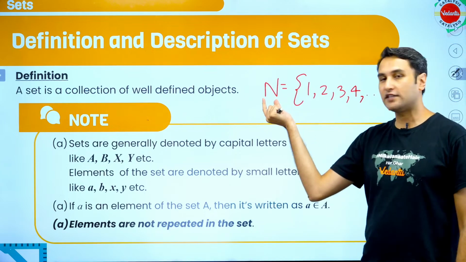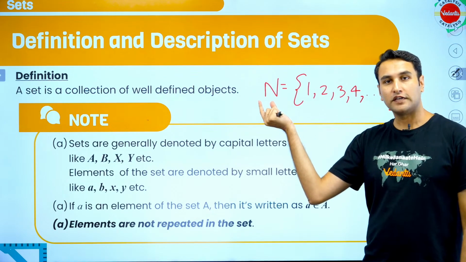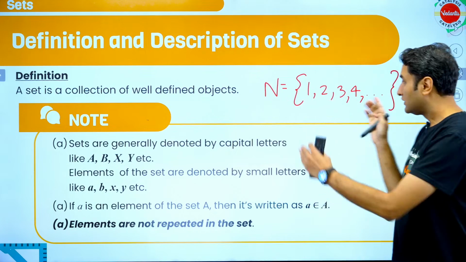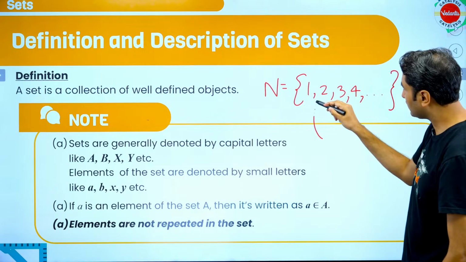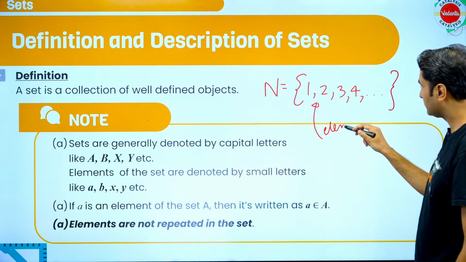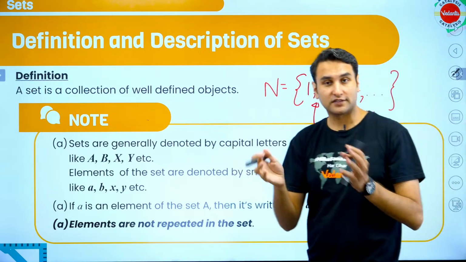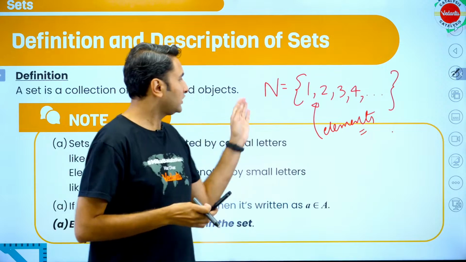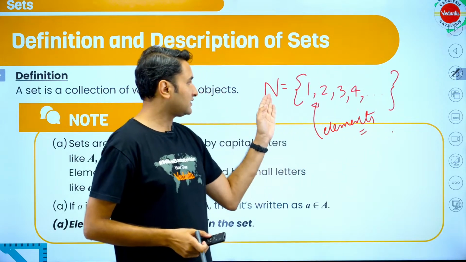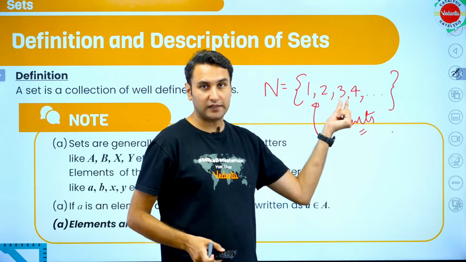So we represent the set with a capital letter. The elements, what are these? These are called the elements inside the set. Okay? Whatever is there in the box, the collection of all these numbers is the set, each number is an element.